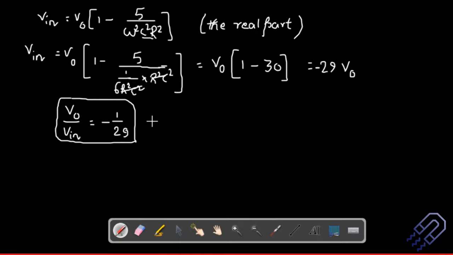This is very interesting because it actually tells you that this RC circuit provides an attenuation of 1 divided by 29. So there is some loss of signal that is happening.